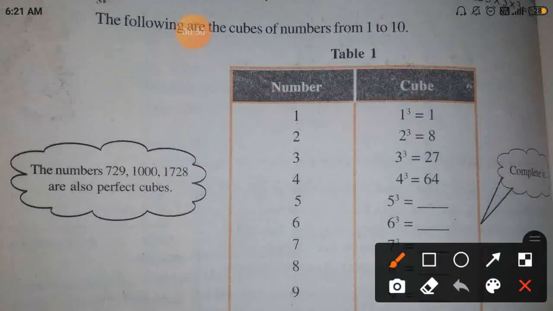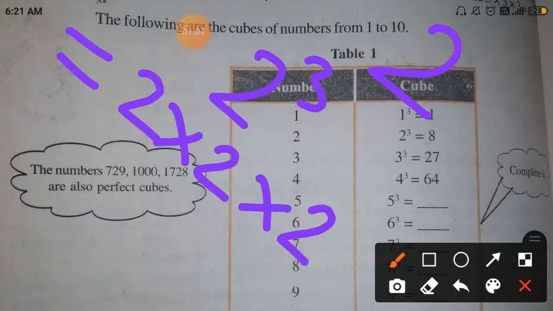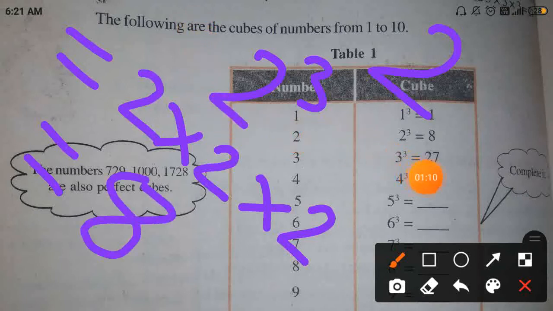Similarly, the cube of 2 is 2 raised to the power 3, and it is equal to 2 multiplied by 2 multiplied by 2, and that is equal to 2 twos are 4 and 4 twos are 8, that you can see here.